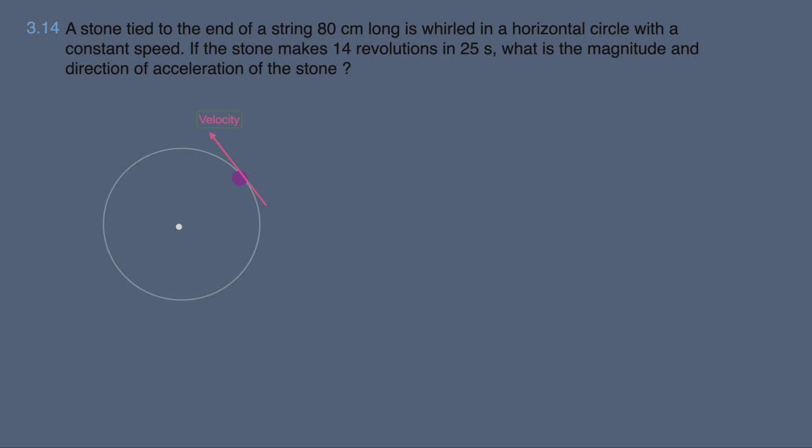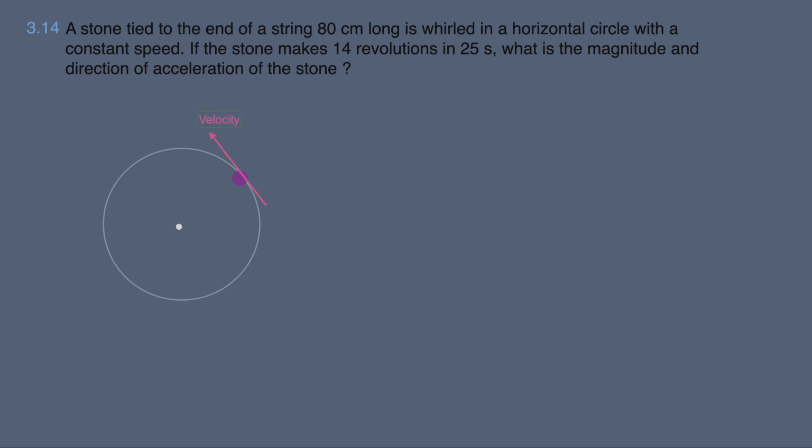Now imagine that there were no inward force acting on the stone. What would happen? The stone would try to continue moving along this straight line in the direction of its velocity. But that's not what actually happens. The stone continues moving along the circular path. So what forces the stone to leave this straight line path and continue moving in a circle?